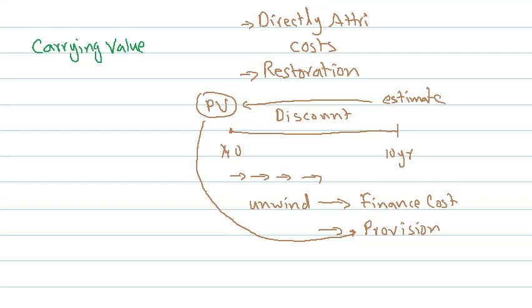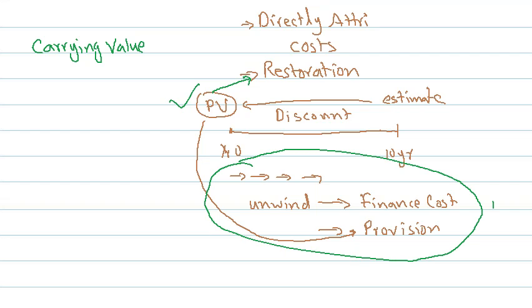For carrying value, the present value of the restoration is important. We need to include this into our answer. We also need to have the depreciation, but these parts are not relevant to our answer. Ignore. With this overview, let's begin answering the question.